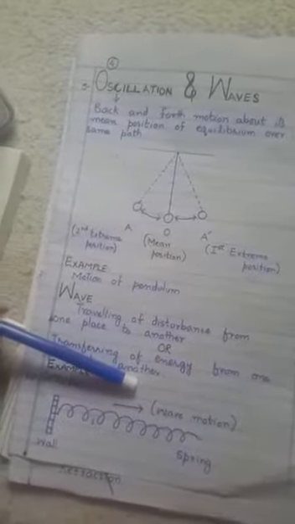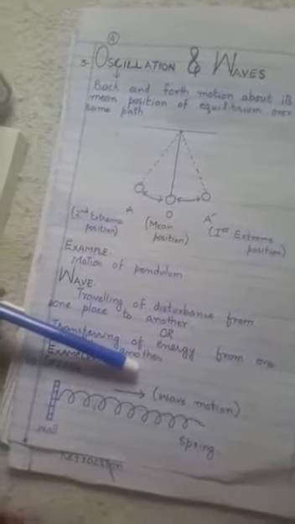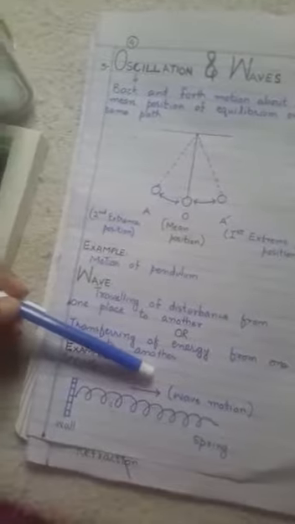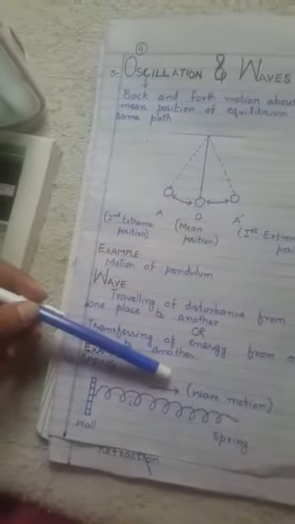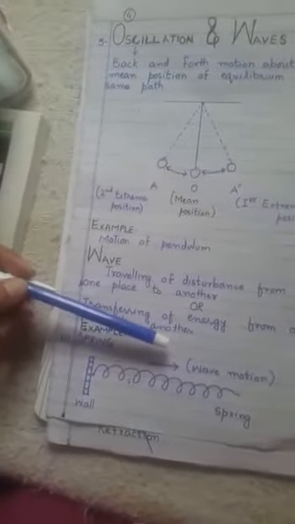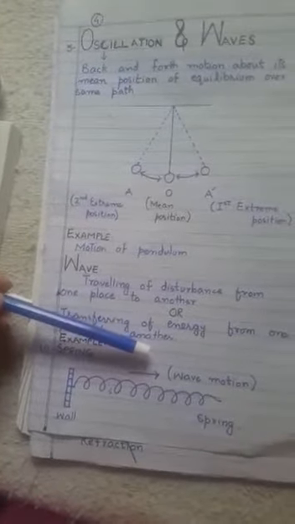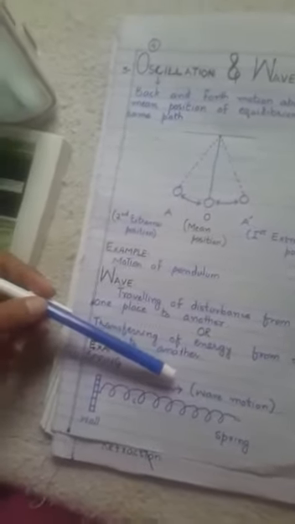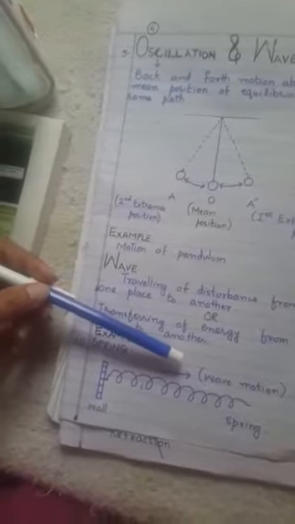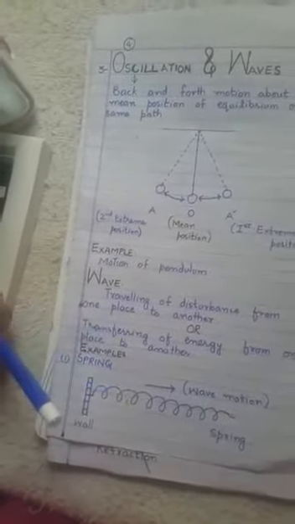Suppose we take an example of sound energy. What will happen in sound energy? Suppose there are two persons. One is the person who speaks, meaning the speaker, and the second one is the listener. So what will happen when the speaker speaks?